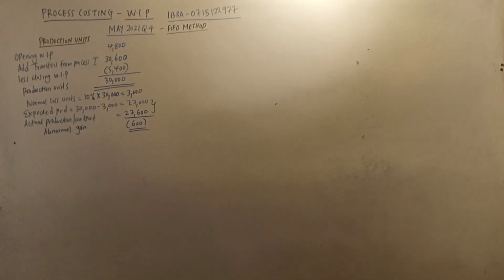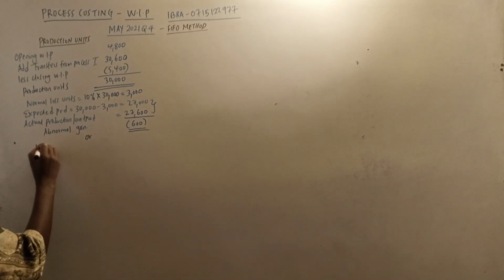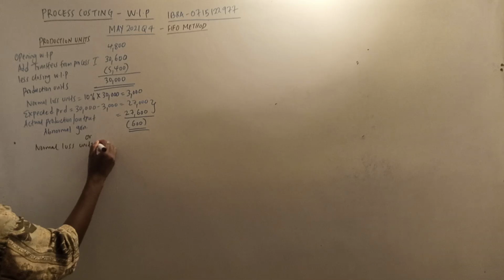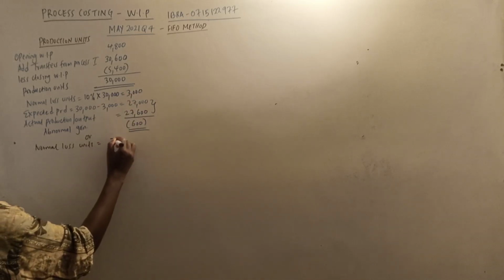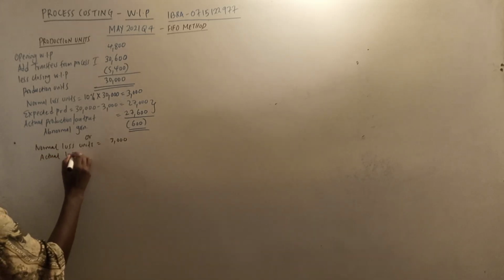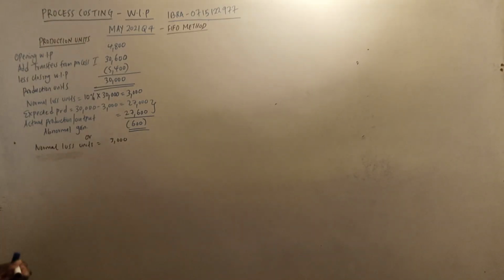Another way to confirm the gain is to compare the normal loss units, which is 3,000, not with the actual loss, but with the scrapped units.